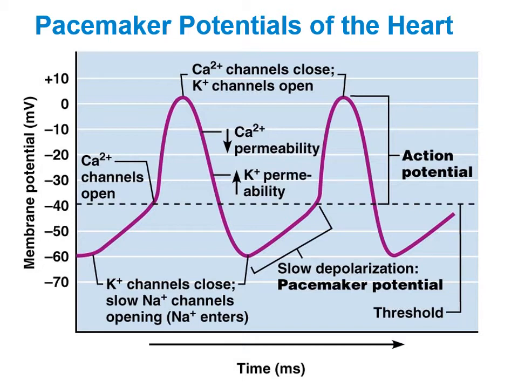Their permeability to sodium and lack of hyperpolarization ensures that the cells will easily reach threshold on each cycle. There are specific structures in the heart that start the electrical signals using these special potentials.